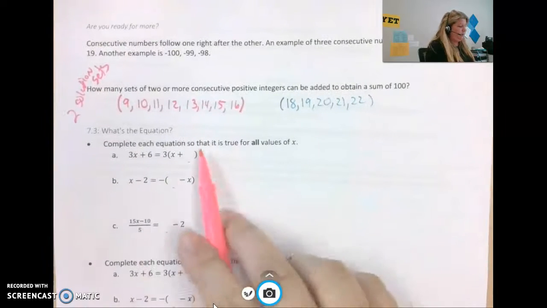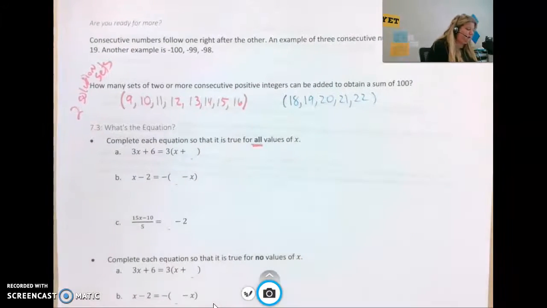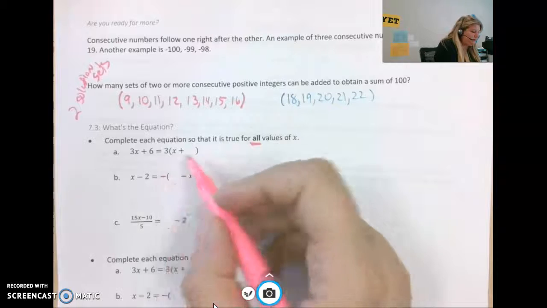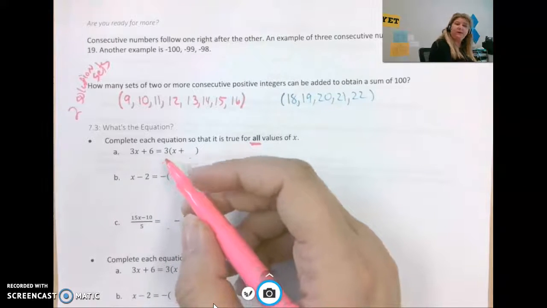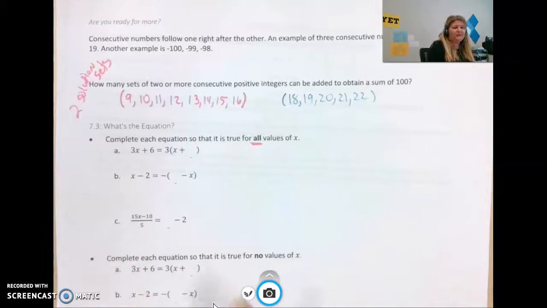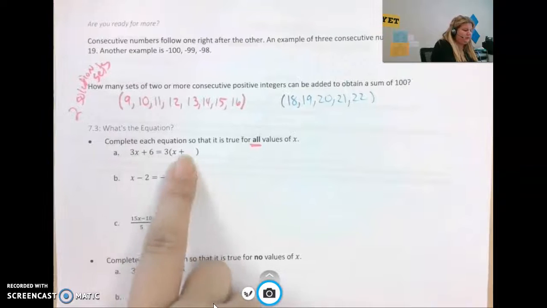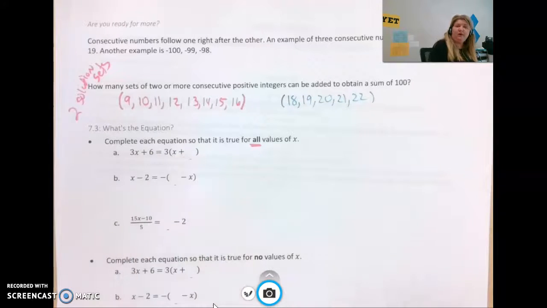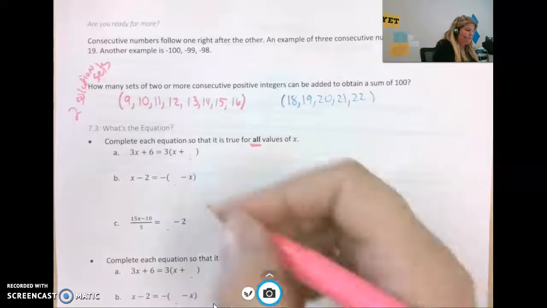Moving on, we're going to complete these so that it's true for all values of x. So basically I'm distributing here and just trying to understand that if I have 2 sides of an equation that have exactly the same value, then I can say that's true for all values of x. That no matter what x is, it's always true.